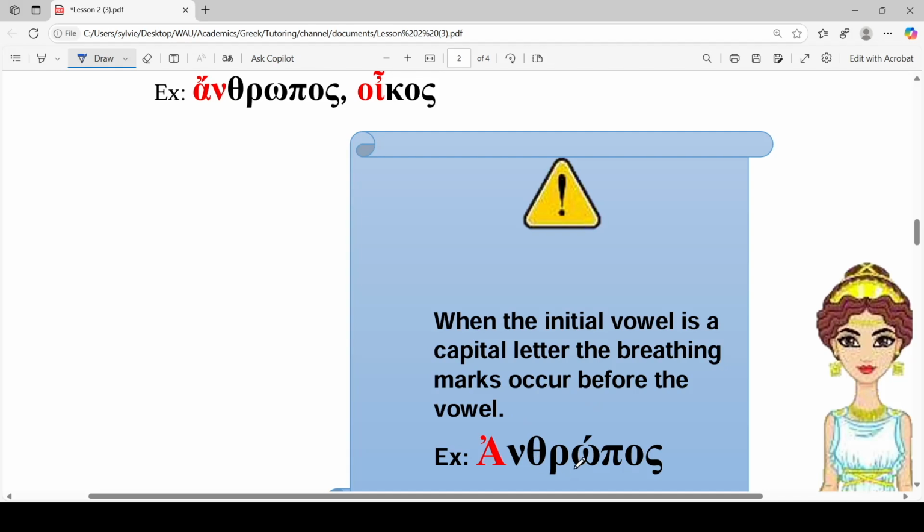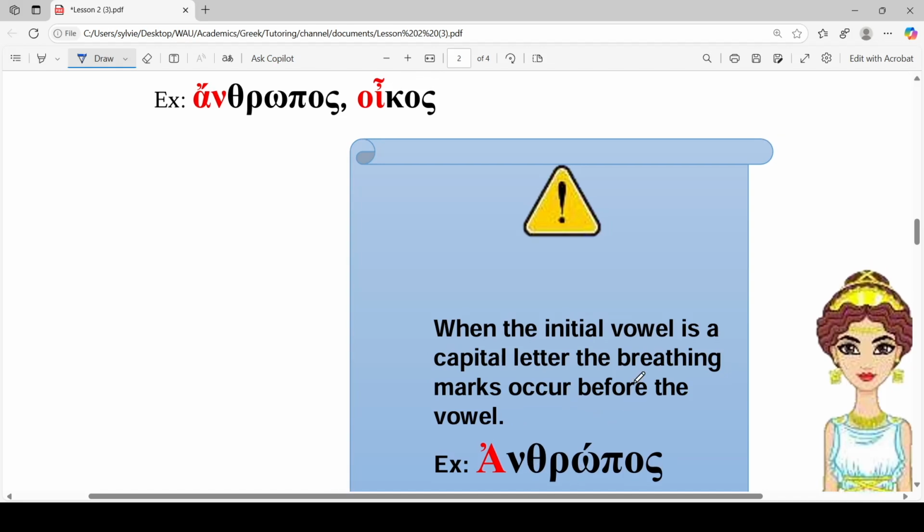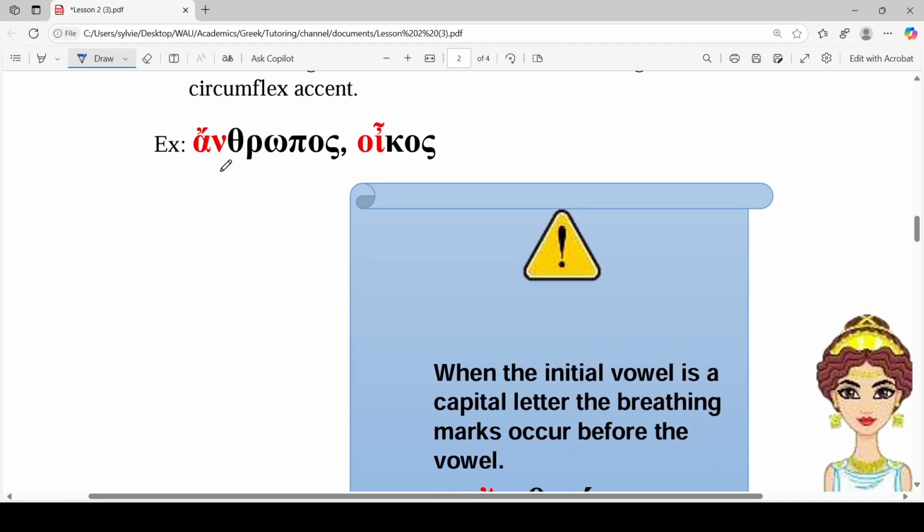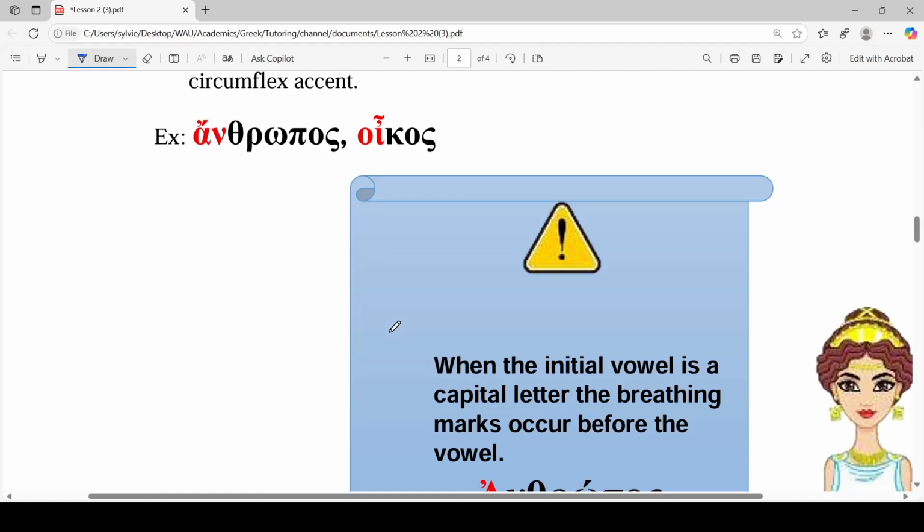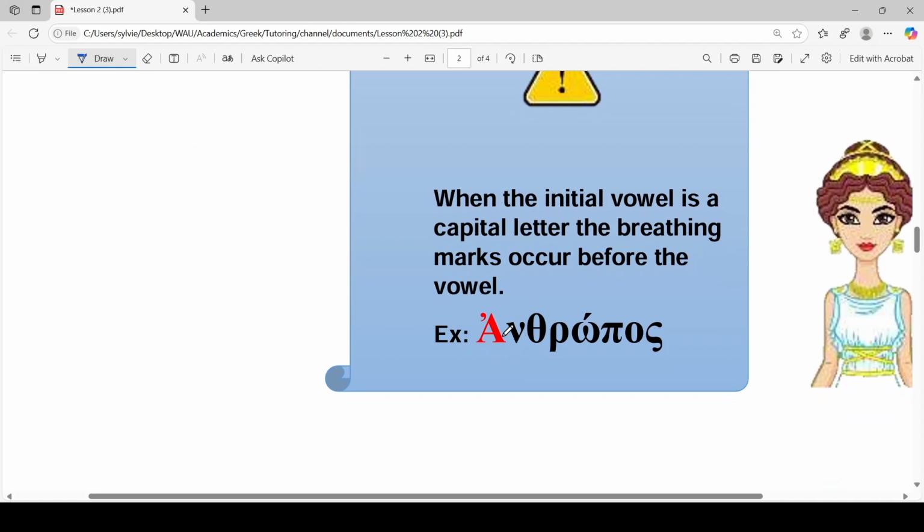So this is exactly what happened with our word anthropos. When alpha was a lowercase letter, the smooth breathing mark stood over the letter. Since it becomes a capital letter here, our breathing mark occurs on the top left corner of the letter alpha.